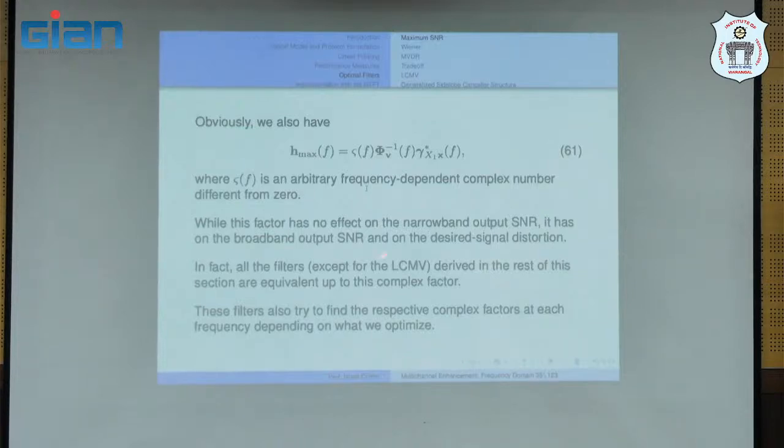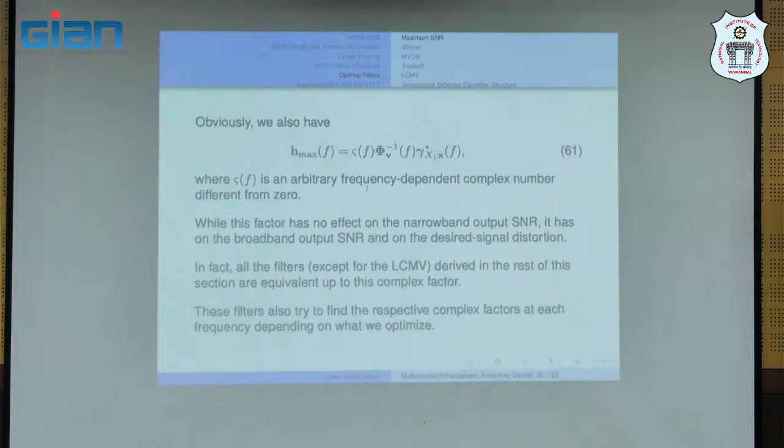So here, because we work with multi-channel, multi-sensor, we can find a filter, a vector of length M for each frequency, such that it will maximize the output SNR.